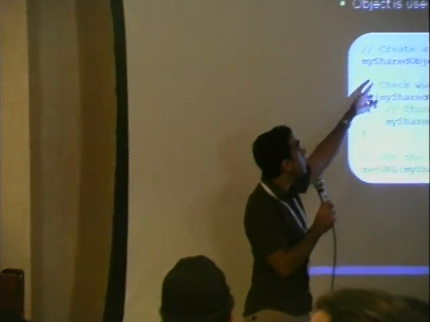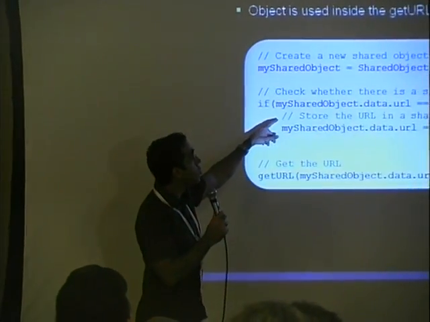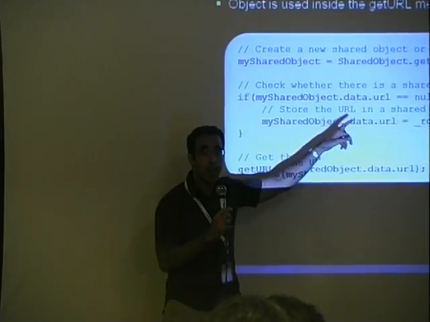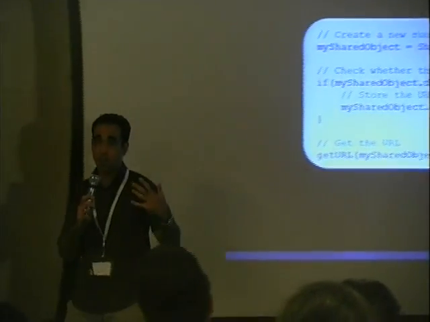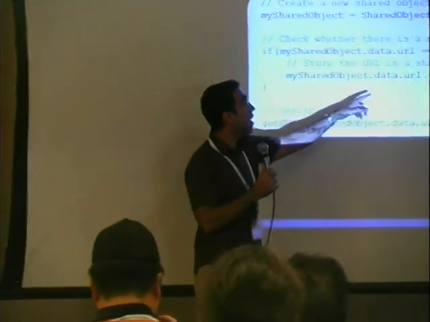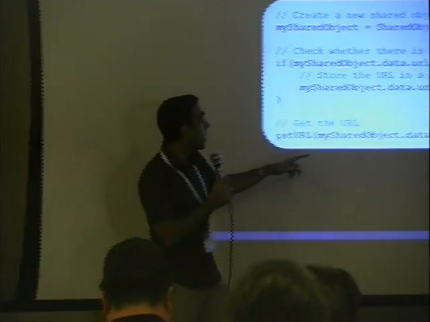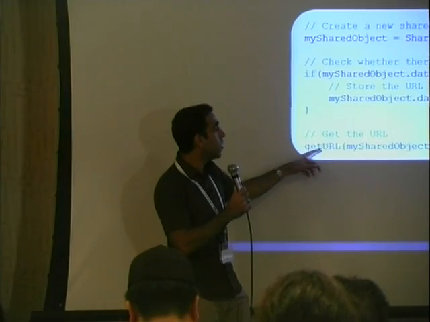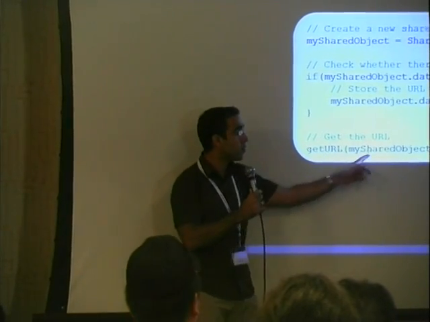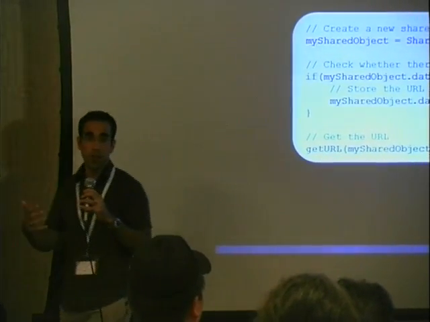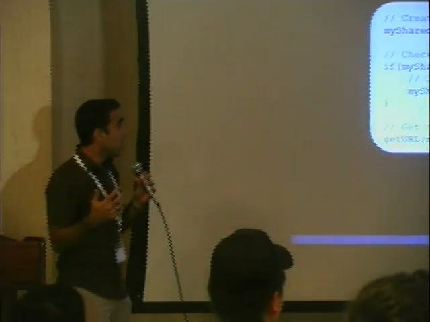Let's look at the following example. We have code here that uses this Flash cookie, and it checks whether the Flash cookie is defined. If it is not defined, if it's the first time that the user has browsed to this site, then it sets the value of this Flash cookie to be the global variable. And at the end, either way, we redirect the browser to the content of that Flash cookie.